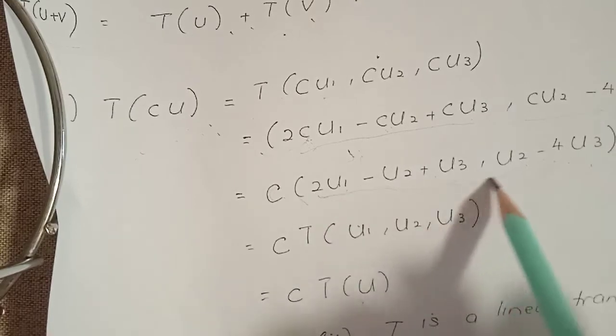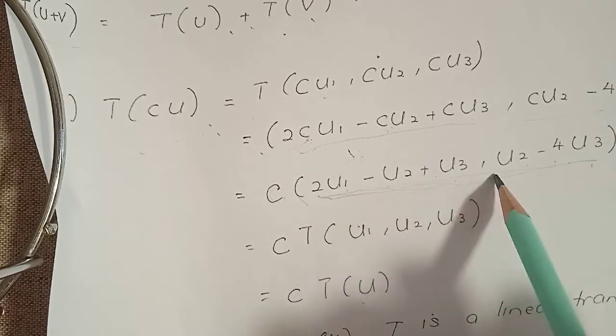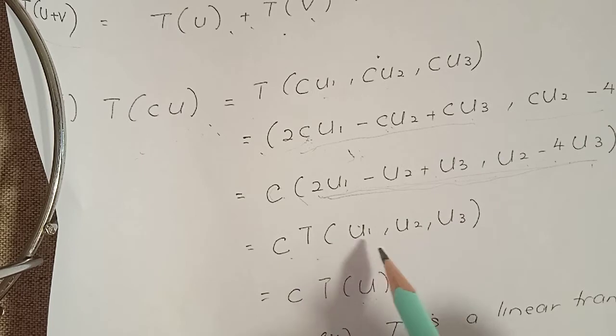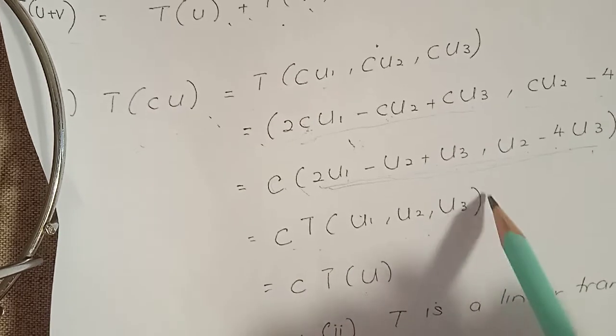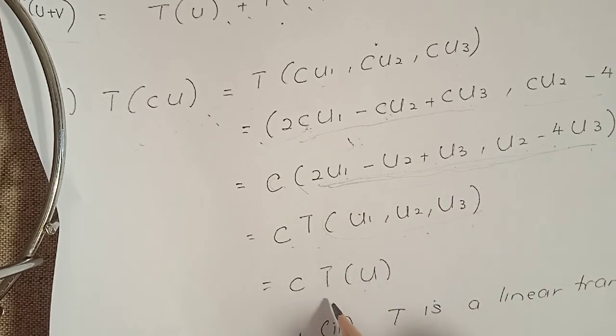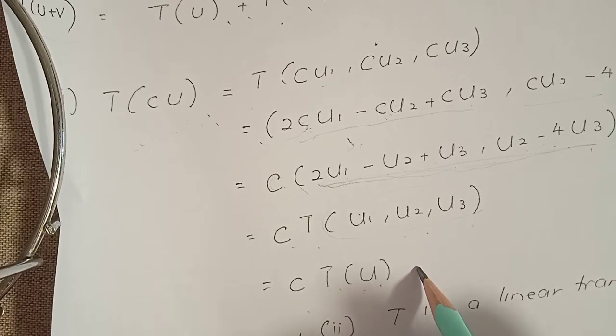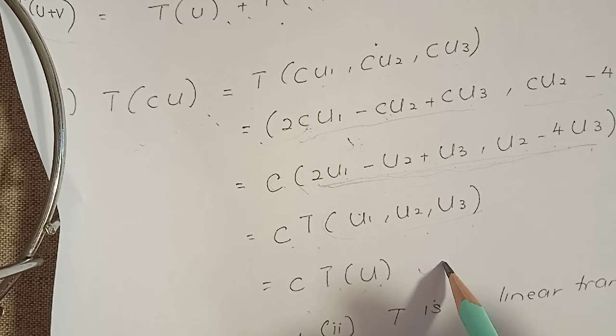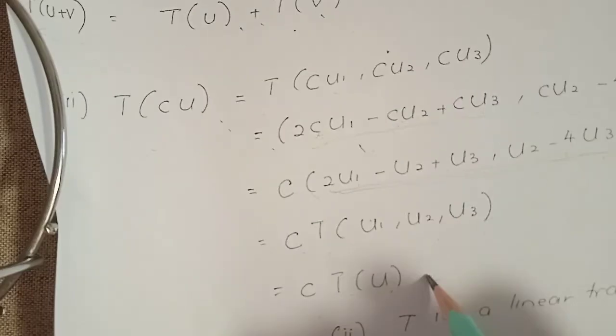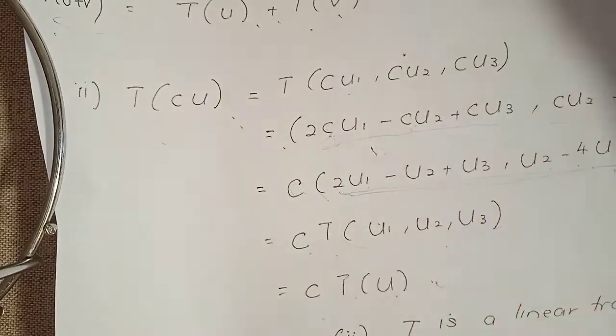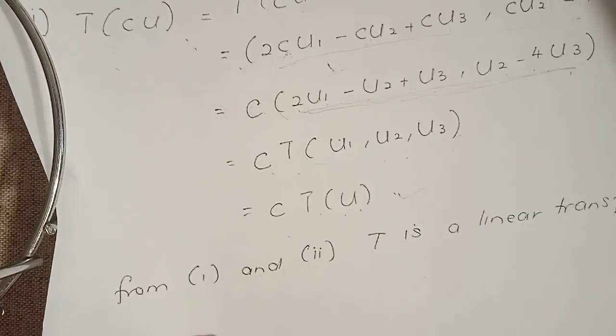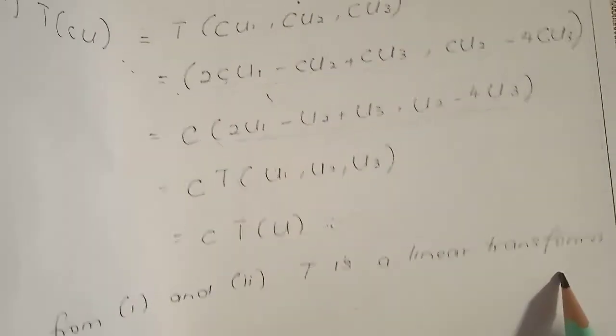This is the expression of T, so it becomes C times T of U1, U2, U3 from the formula given. Therefore, it is C times T of U. So the second criterion is met. Since criterion 1 and criterion 2 are met, we say that T is a linear transformation.